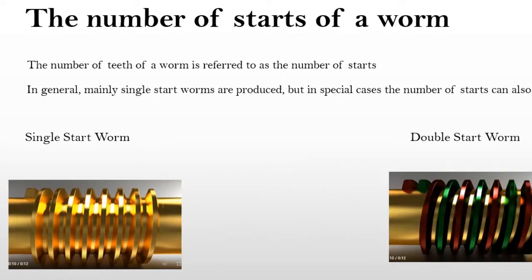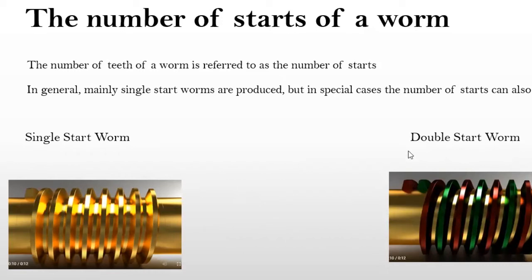What do we mean by the starts of the worm? Starts of the worm means the number of the teeth of the worm. But how we define that teeth is quite different. For example, there are many types of start worms, for example, single start worm and double start worm.